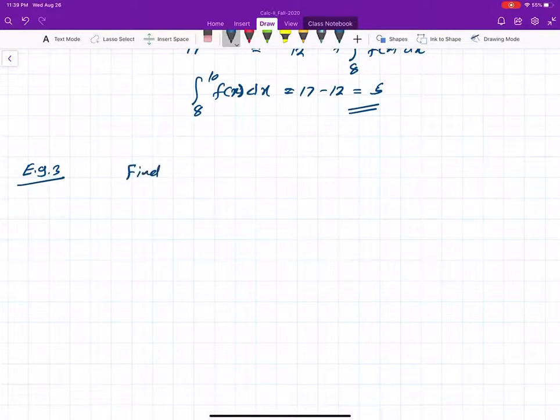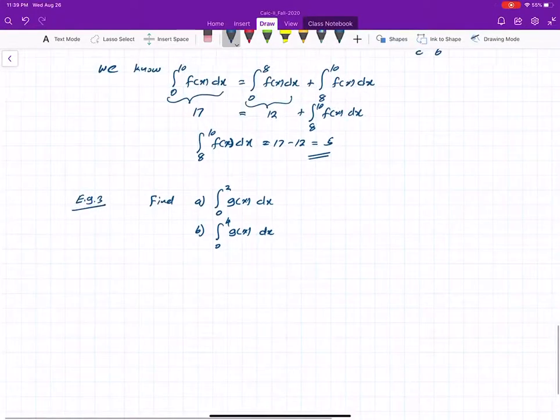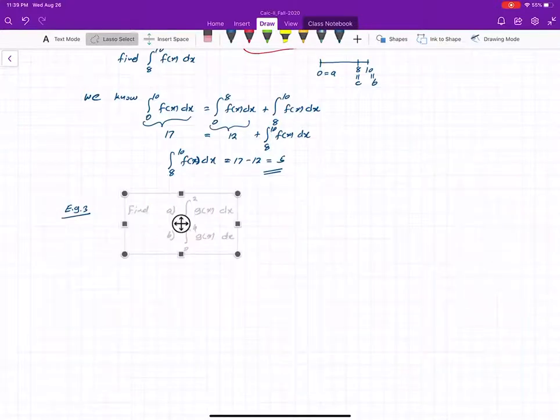Find part A, the integration of g of x from 0 to 2, and part B, the integration of g of x from 0 to 4. Now I'm going to give you g of x. Actually, g of x is given as a curve. It's a drawing actually.